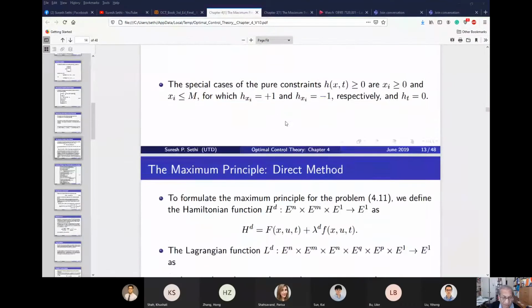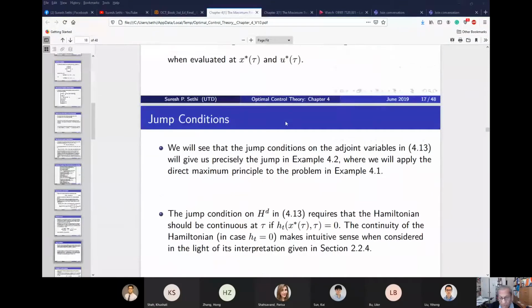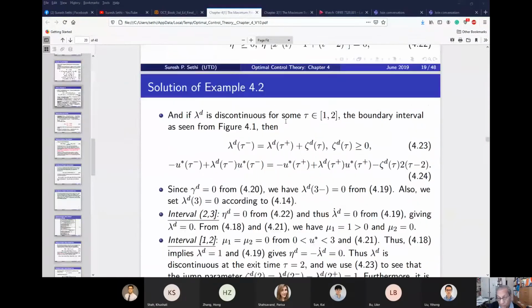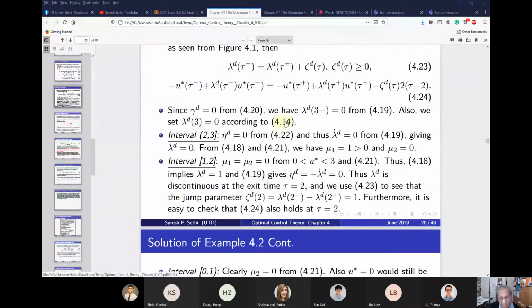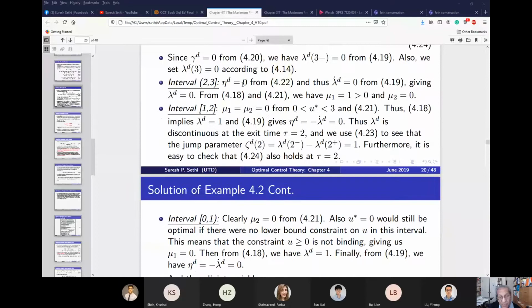I think it's a good idea for you to do this with pen and paper. In the interval 2, 3, eta is 0 from 4.2. And then when eta is 0, lambda dot equals 0 from 4.9. So you're applying equations one by one in each interval and getting the values in different intervals.